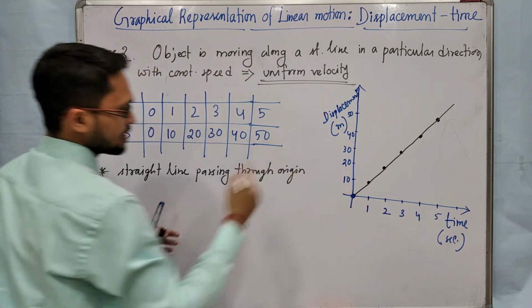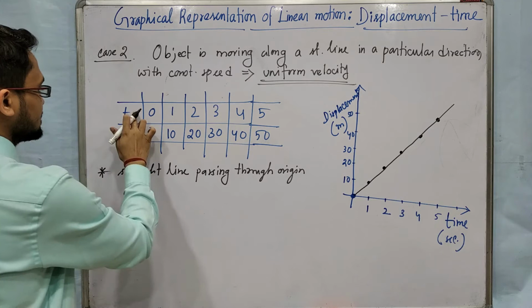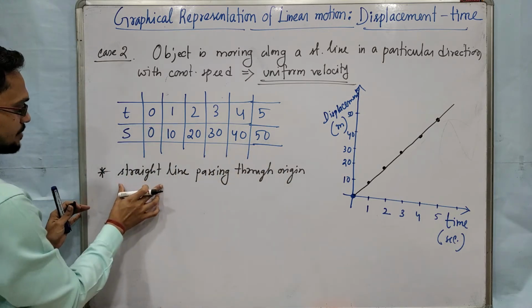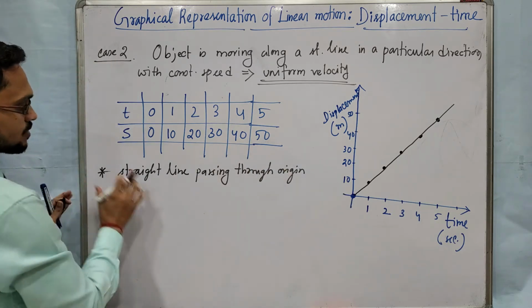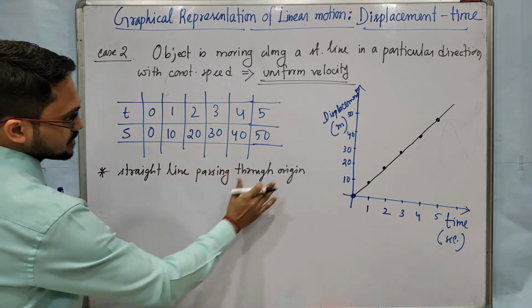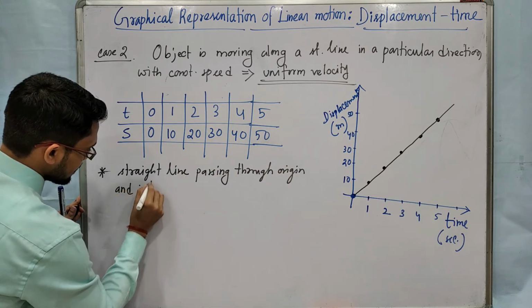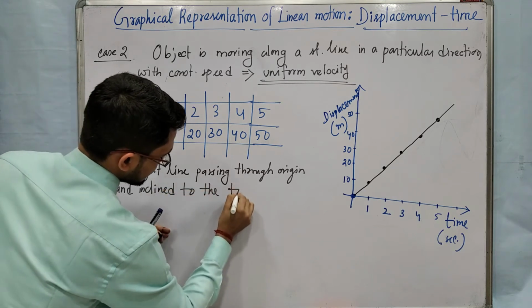It will pass through origin when at t equal to 0, s is equal to 0. Okay, if at t is equal to 0, s is not 0, then it will not pass through origin. Then it will only be straight line which is inclined to the time axis. Okay, here it is straight line passing through origin and inclined to the time axis.